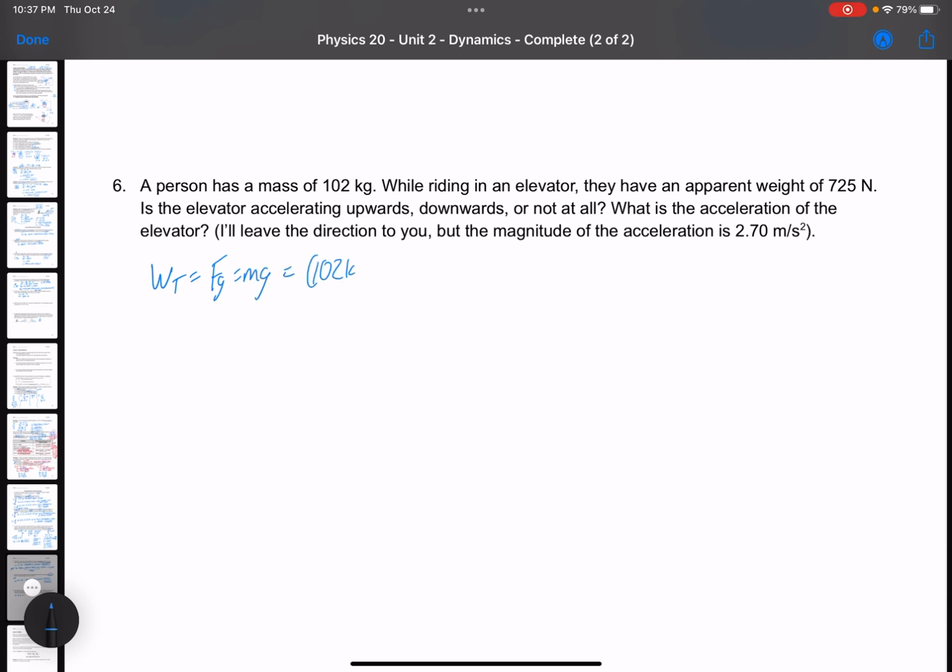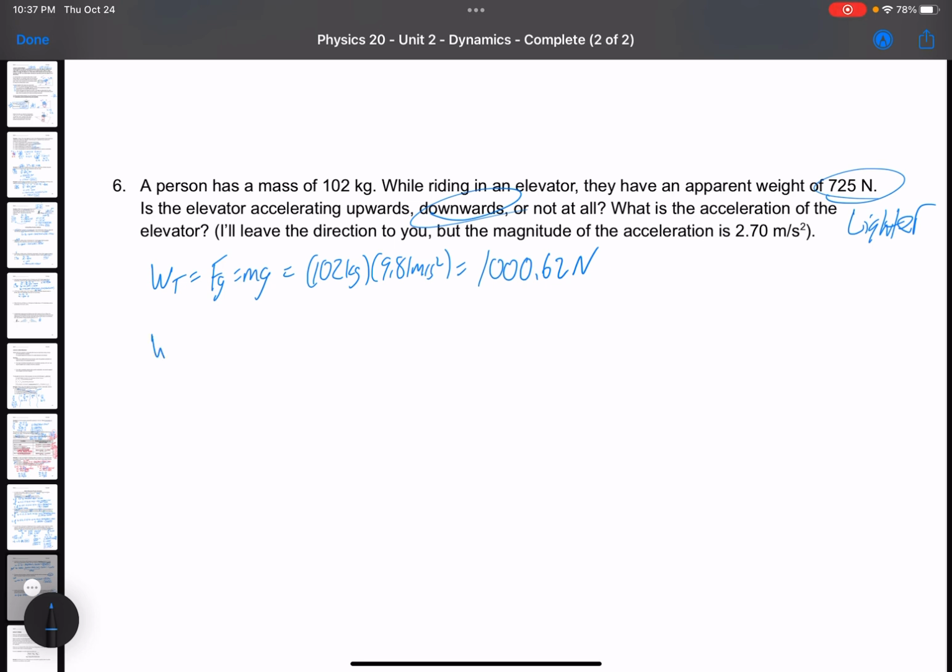So 102 kilograms times 9.81 meters per second squared gives me bang on 1,000.62 newtons. Their apparent weight is 725 newtons, which is lighter. So this means they're accelerating downwards. They have to be going downwards. So what's the acceleration of the elevator?